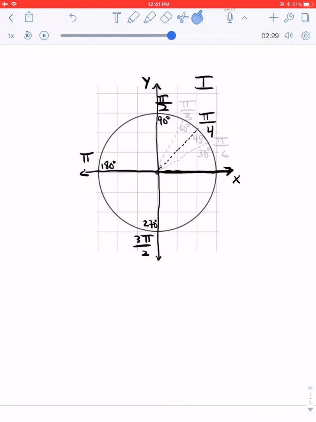So that is one of the big ones that we have to remember. 90 and half is 45 degrees, of course. So 45 degrees corresponds with pi over 4 in radians.